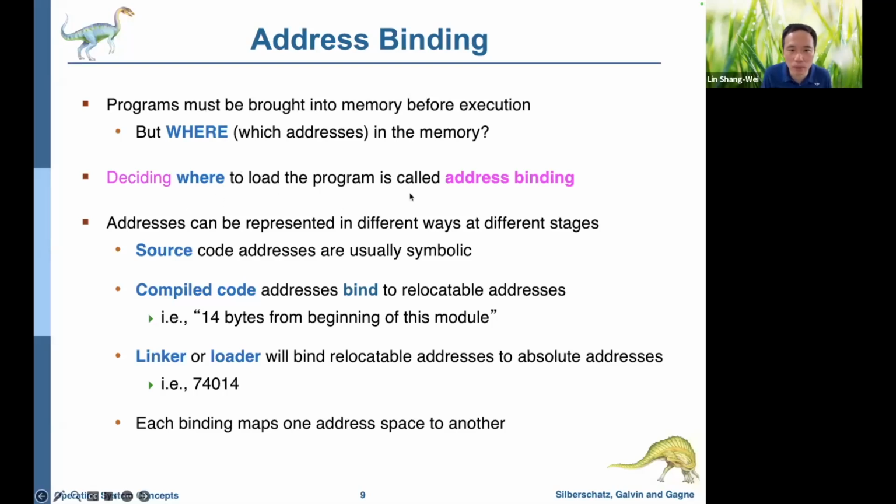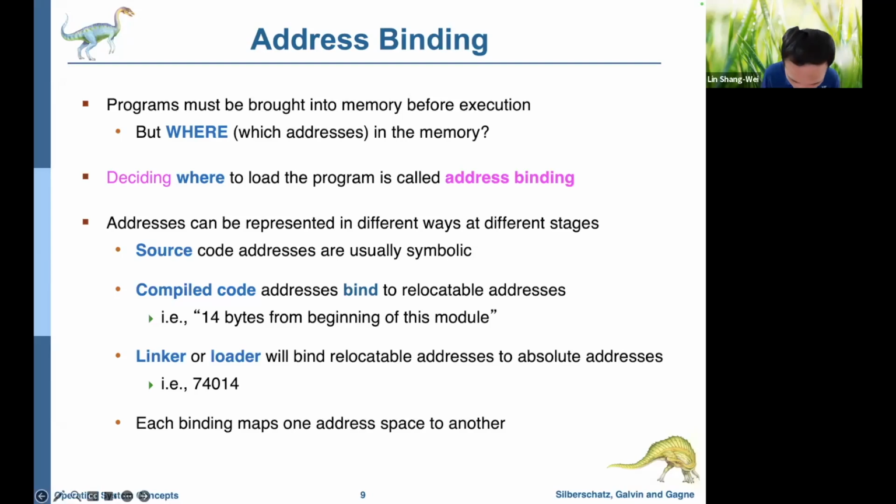Deciding where to load your program is called address binding, and it can happen in different phases. First, let's understand the forms of addresses, which can differ in different phases. Usually in the source code, when you write your program and want to access a variable, the memory location will be symbolic.